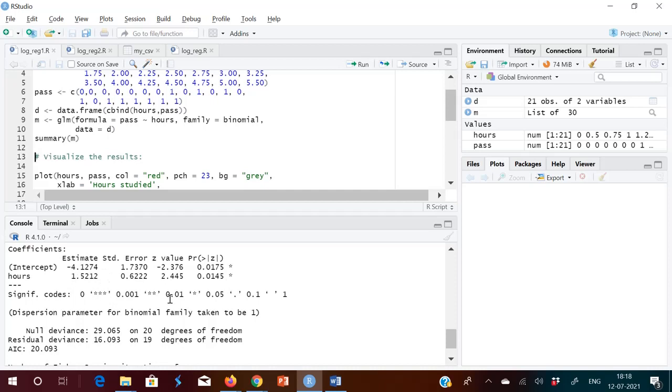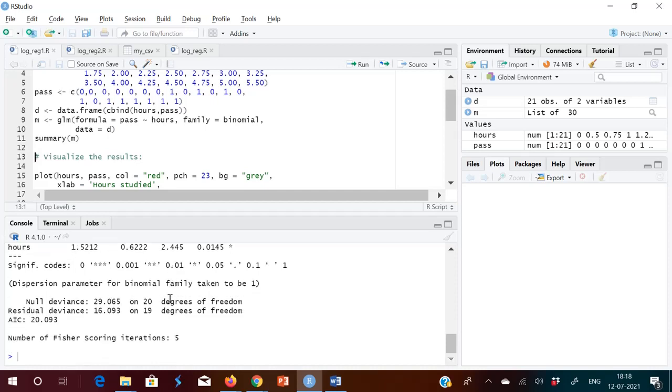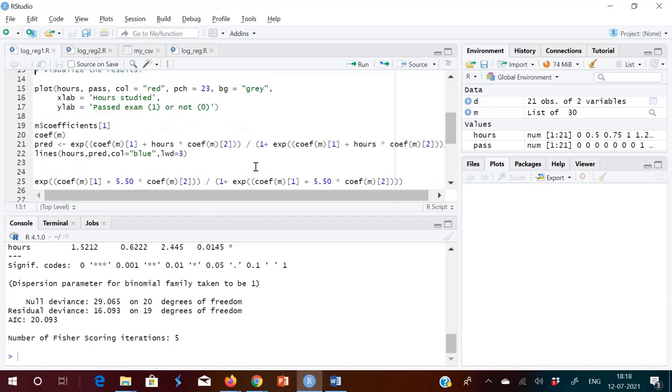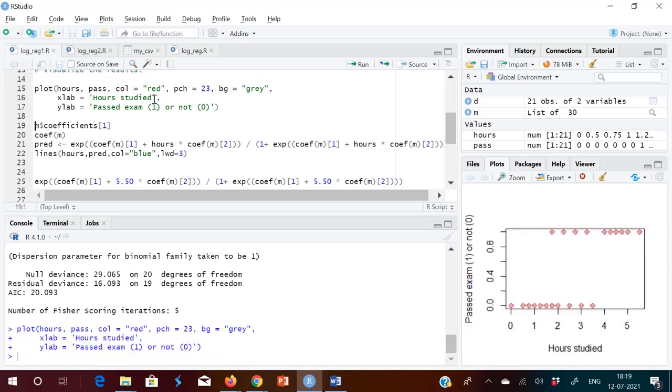Let us try to plot the graph. Here I am plotting hours and pass. I got some 0s and 1s, where 0 means fail and 1 means pass.